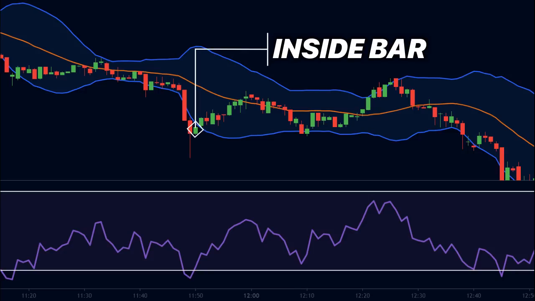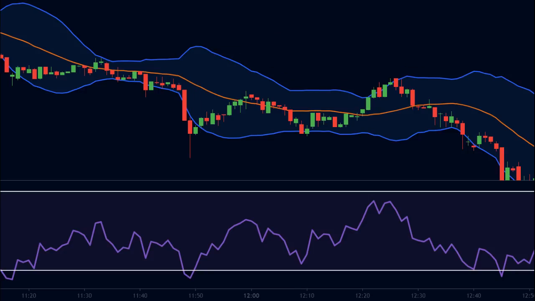So this is our trigger candle. We will place a buy order above the high of this candle. As you can see, the next candle triggers our entry. We will keep our stop loss below the lower band, and we will exit when the price touches the central Bollinger Band. As you can see, we made good profits on this trade.